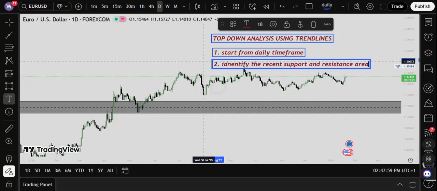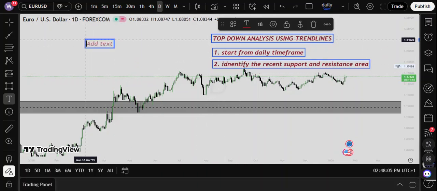So once you identify the support or resistance area, what do you need to do? That is where you get your source point for the trend line. So you need that area for your source point. Right? So let's have point number 3.